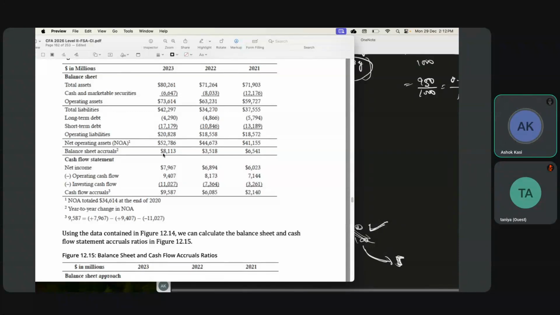So operating assets, operating liabilities, net operating assets, and then the year to year change in net operating assets.